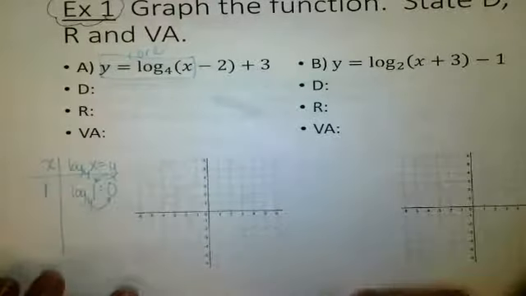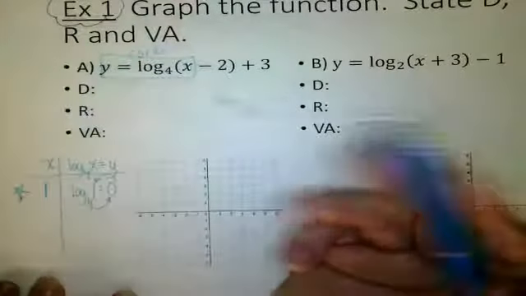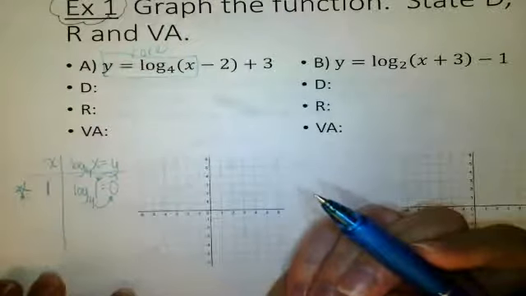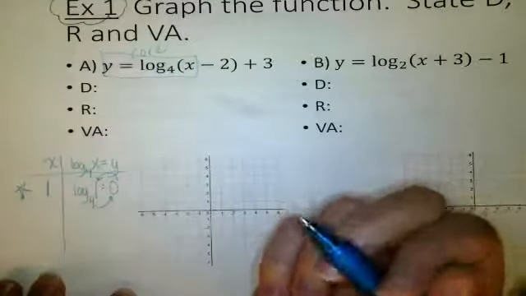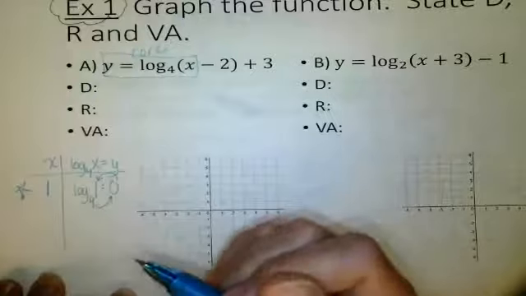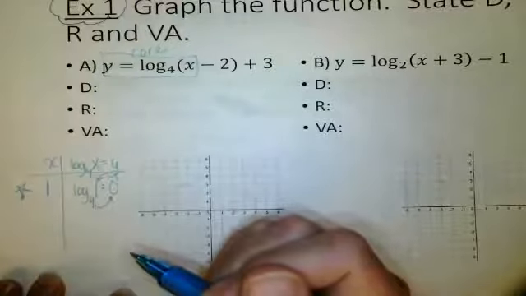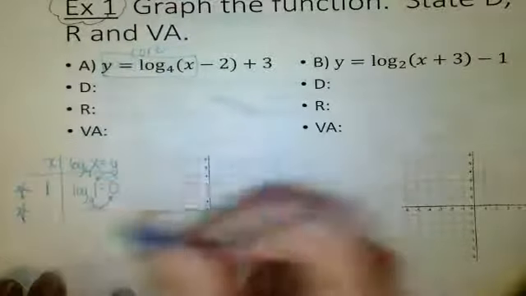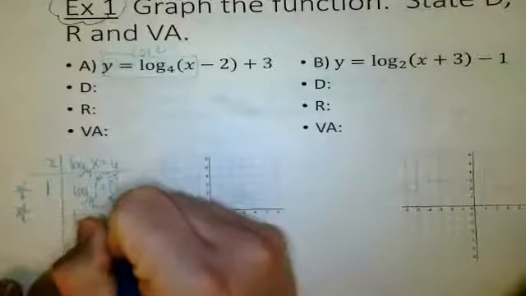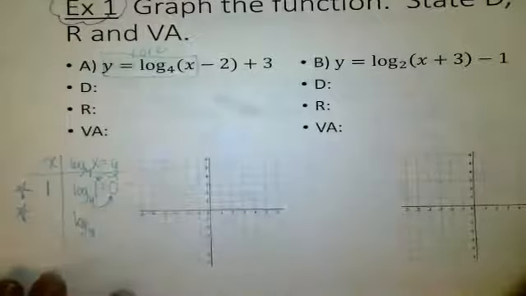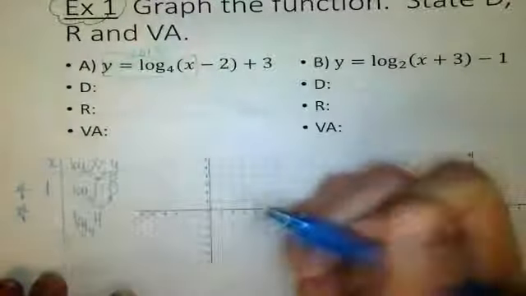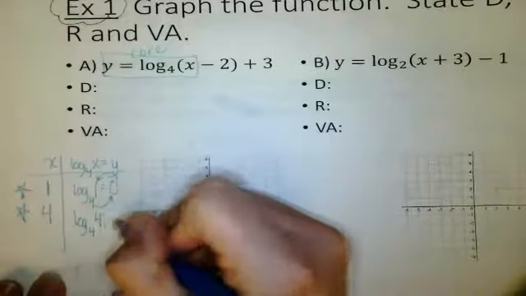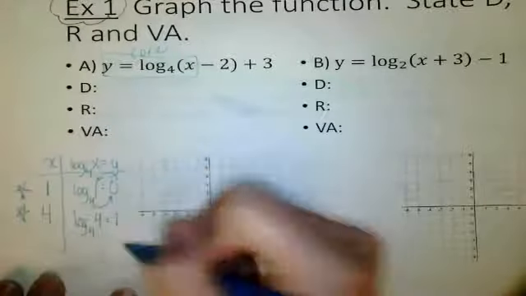What's another number that would be very good to use for x? Think about the warm-up we just did. What's another number I could use? Log base 4 of 4. What does log base 4 of 4 equal? 1. Why?